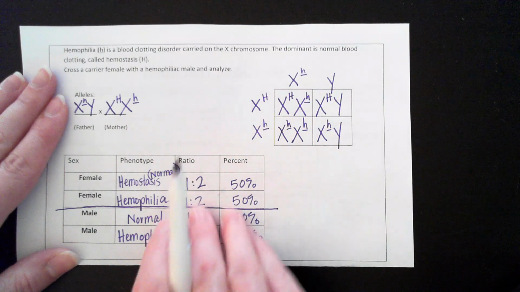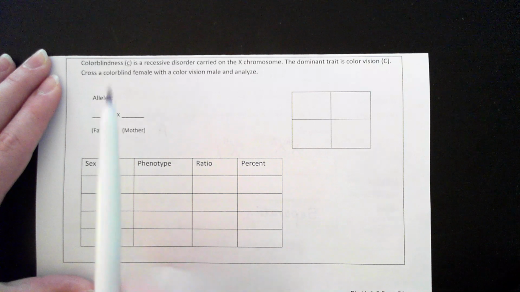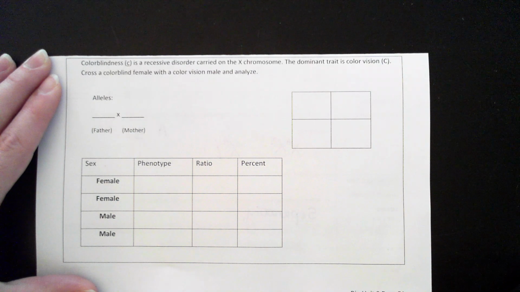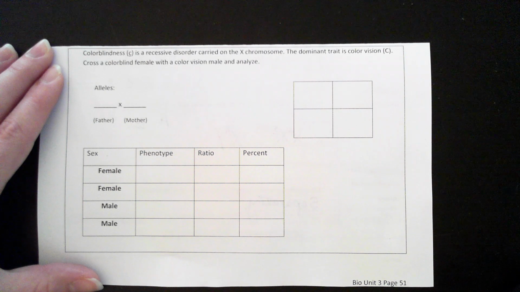So let's do one more example. Colorblindness is a recessive disorder carried on the X chromosome. The dominant trait is color vision, or we can call that normal. Cross a colorblind female with a color vision male and analyze.